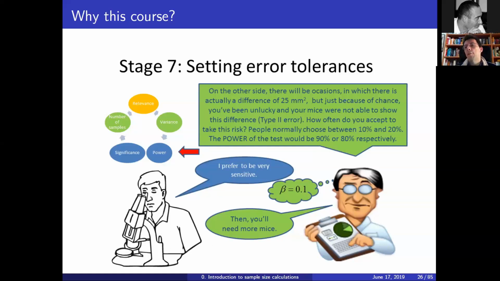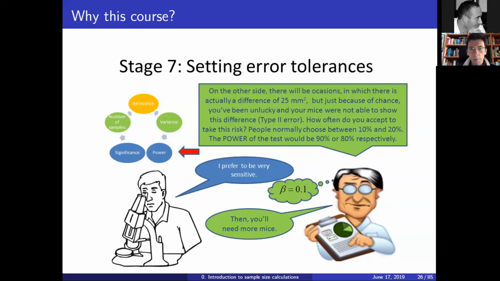But if the treatment is new, you're probably not very certain about the variability, but you can use estimates of what the variability should be more or less. And then now you have decided how often you want to be wrong.